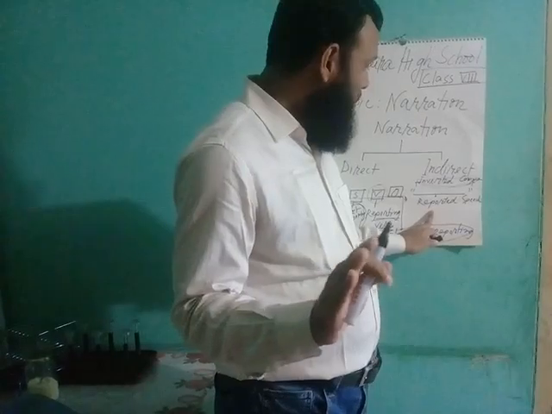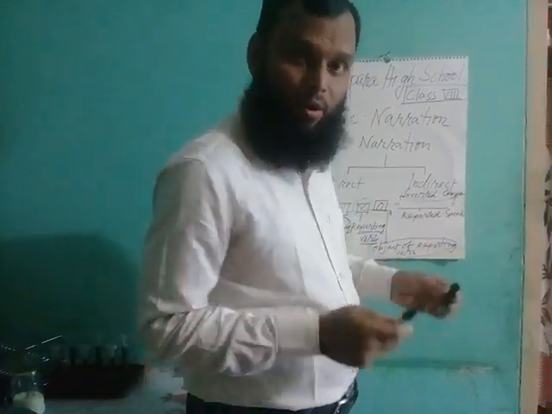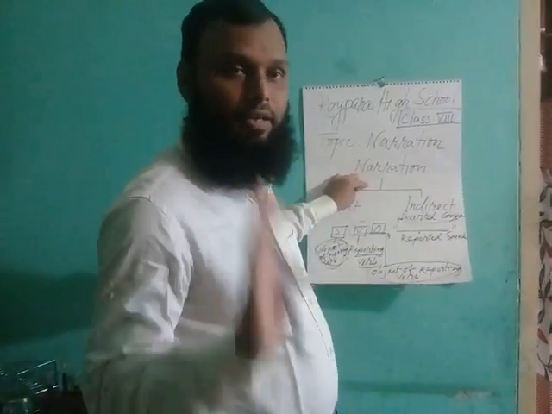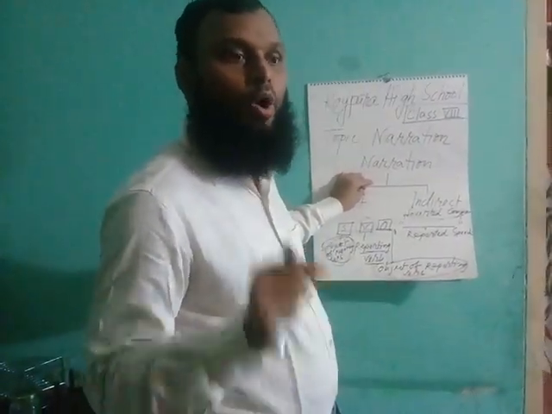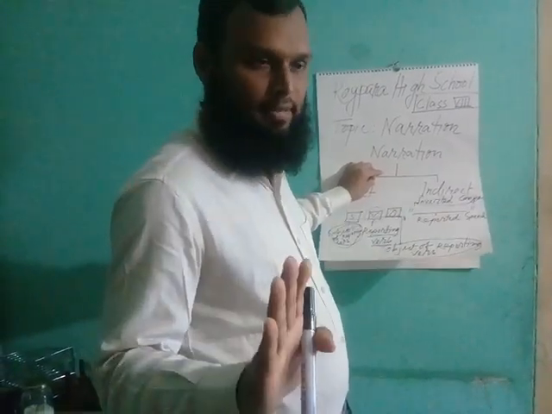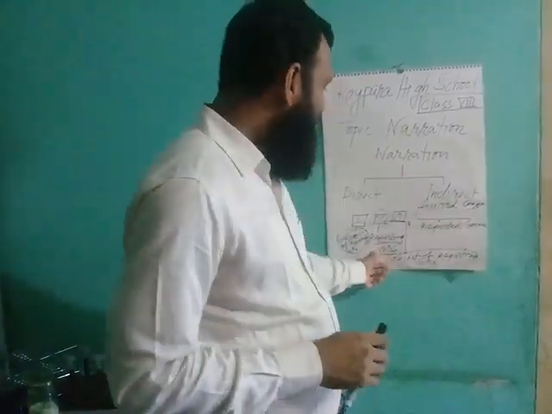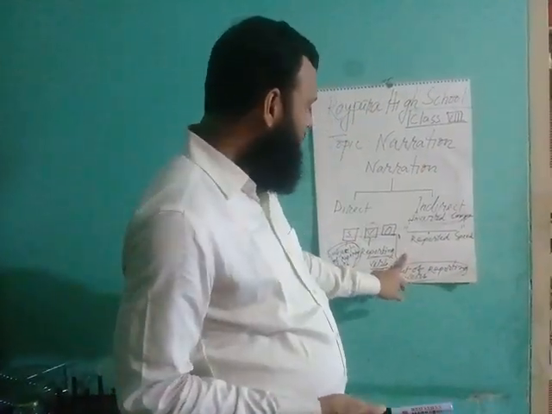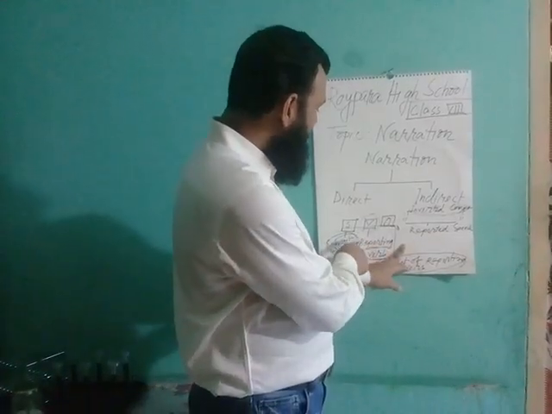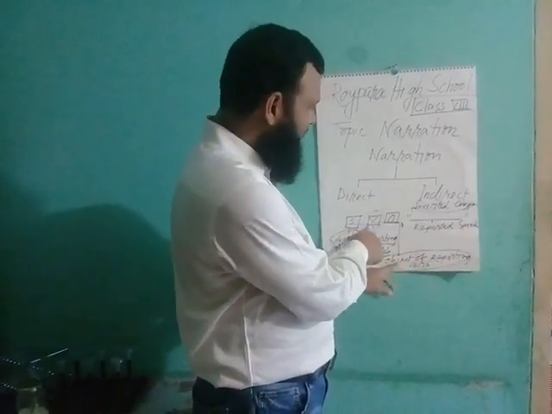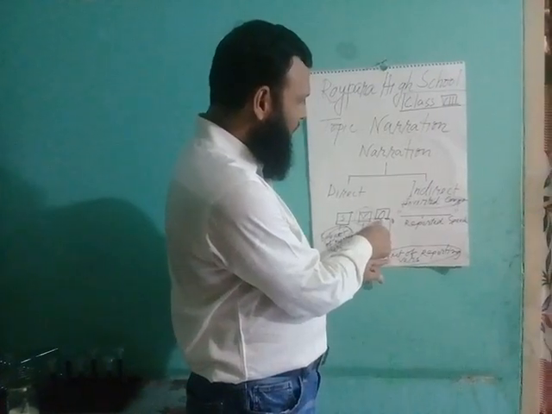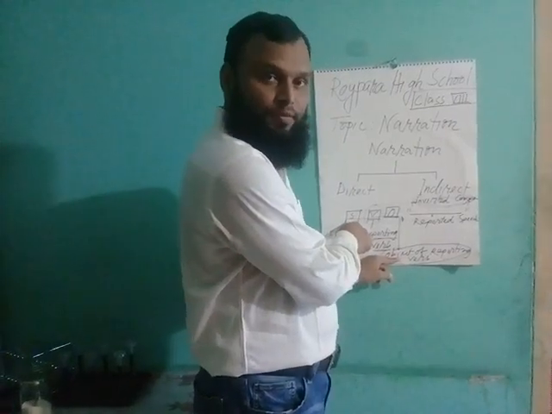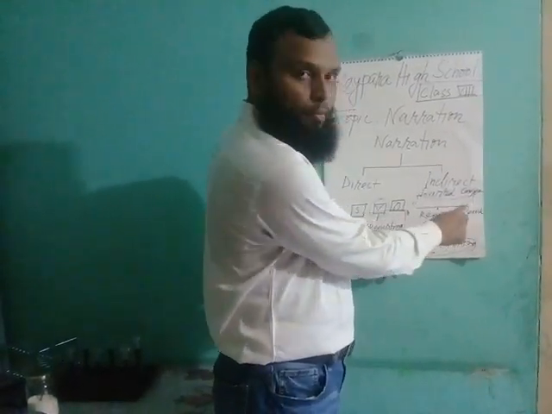So we have learned many things already. Before going to changing the narration, you have to know all the parts of the sentence. So we have learned the reporting verb, object of reporting verb, subject of reporting verb, inverted comma.